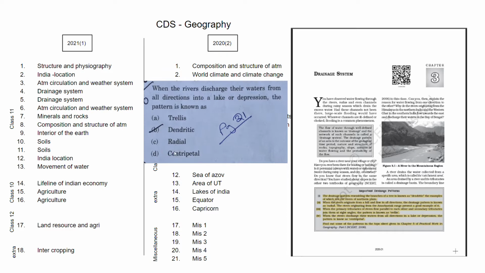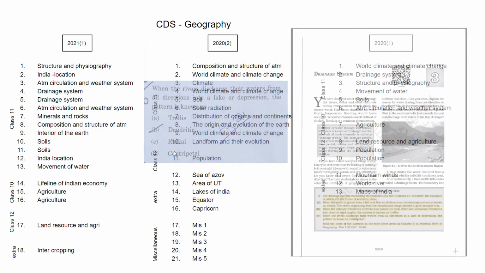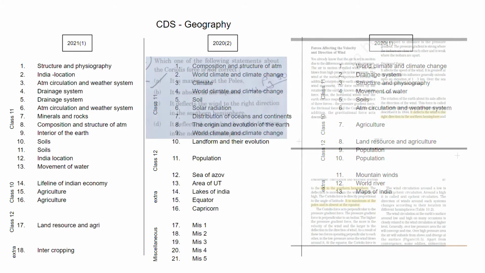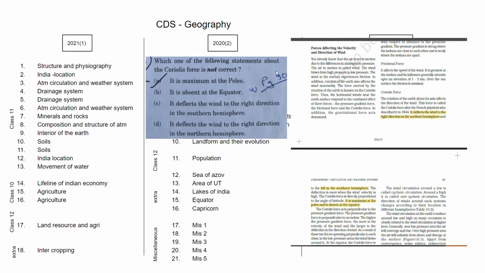Coming to the next question, which is from atmospheric circulation and weather system. Which of the following statements about the Coriolis force is not correct? Now look at this excerpt or screenshot. Coriolis force, page number 87, chapter atmospheric circulation and weather system. It deflects the wind to the right direction in the northern hemisphere.